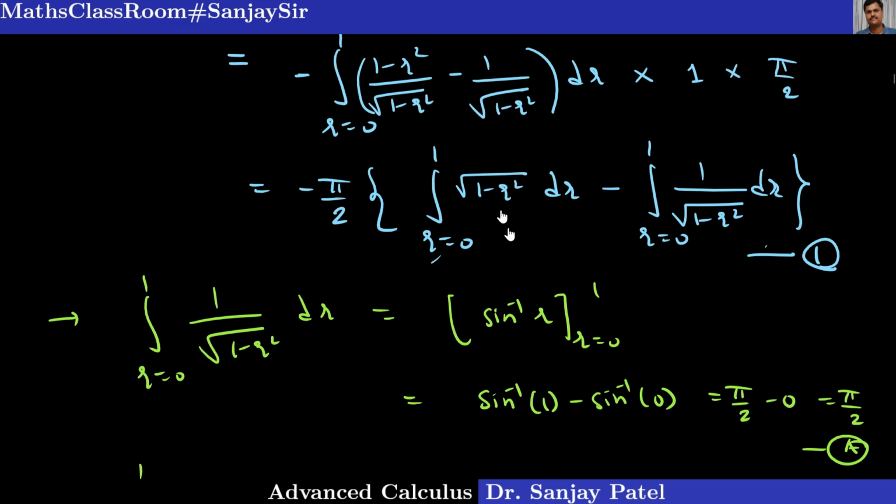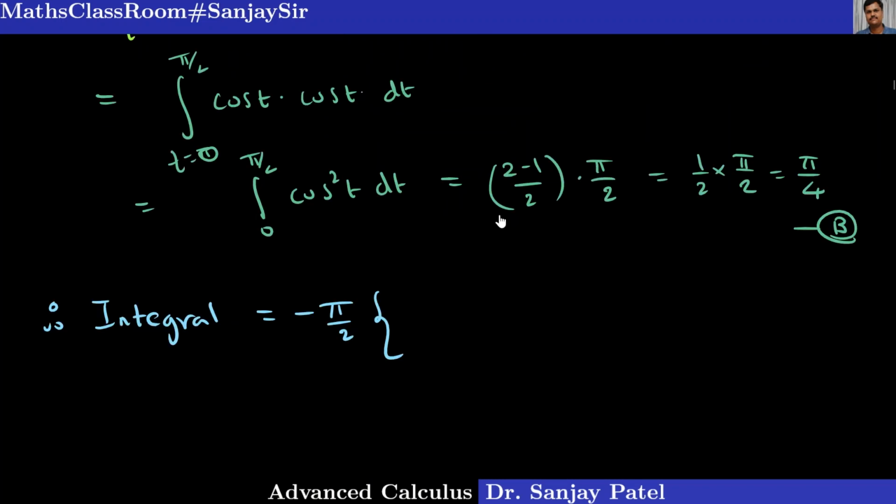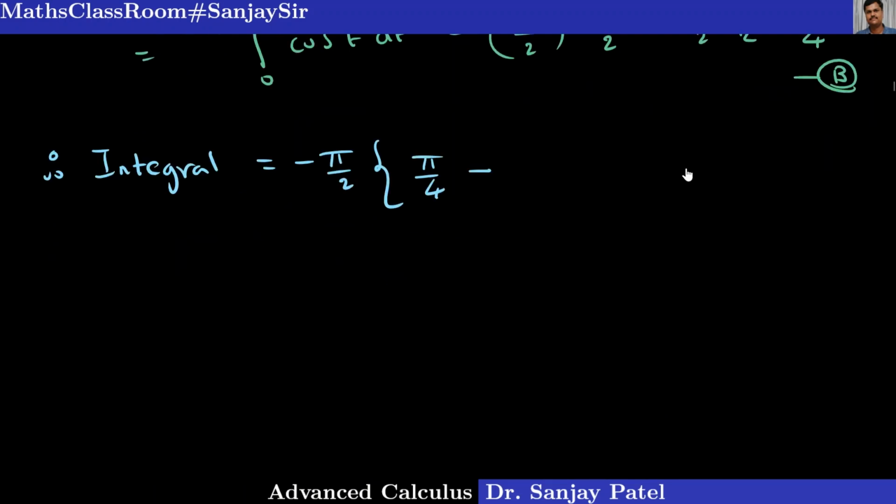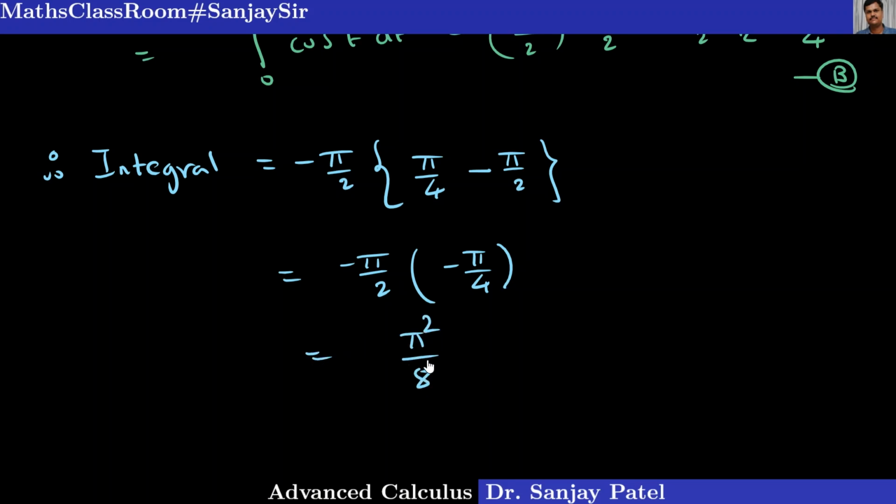This value is minus, or rather plus pi by 4, and minus the value of this integral, that is pi by 2 from result A, we will get pi by 2. So it is minus pi by 2 into minus pi by 4. So it is nothing but pi square by 8.